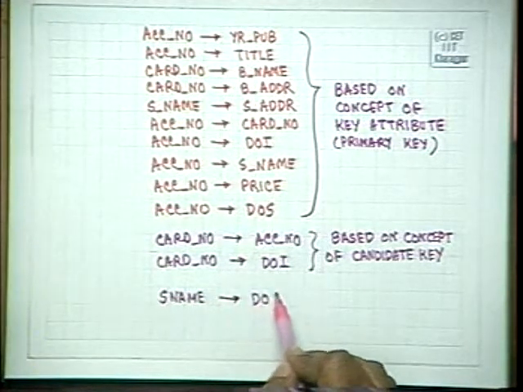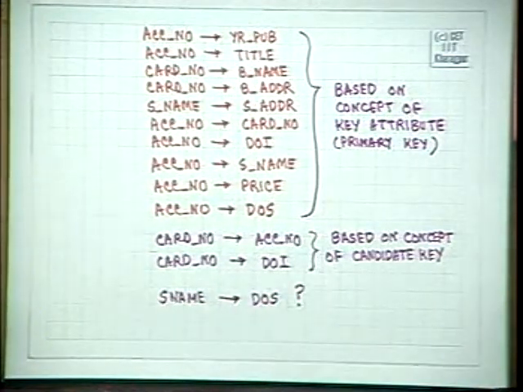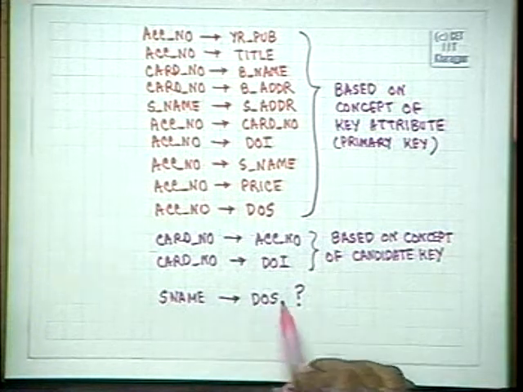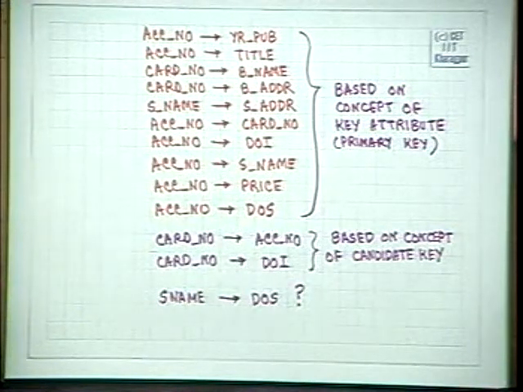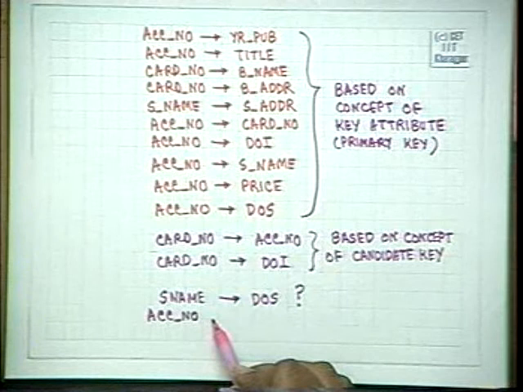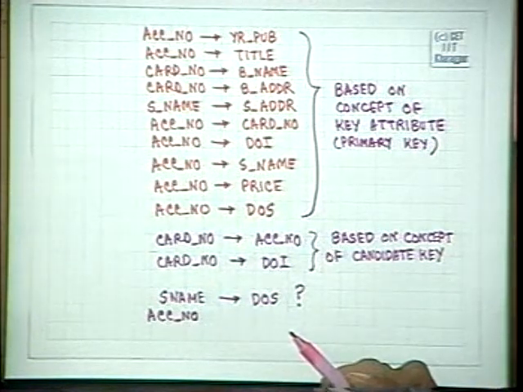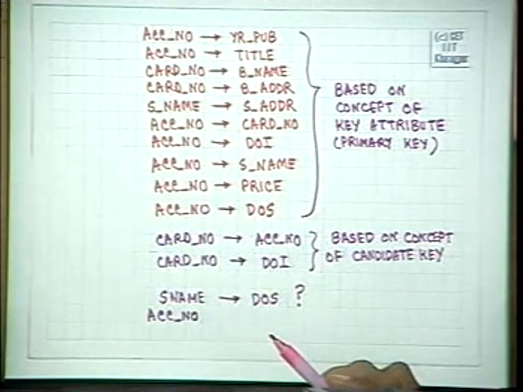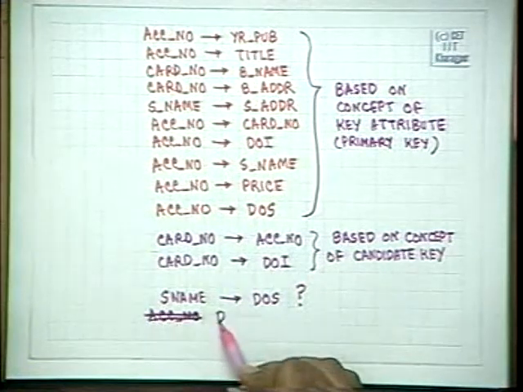S name, this will mean that whenever S name is same, date of supply must be same. That is not the constraint. The next question is accession number. Anyway, accession number implies S name.